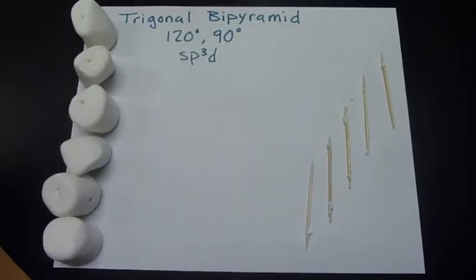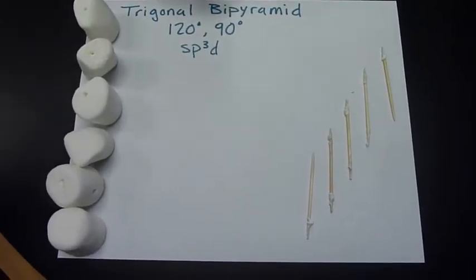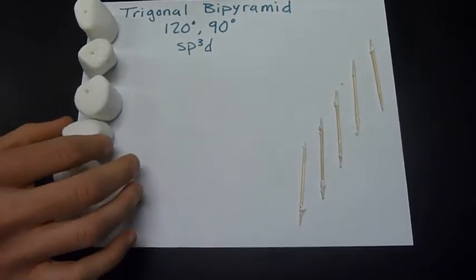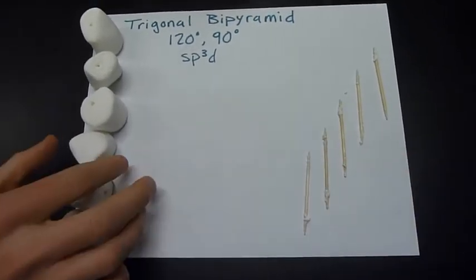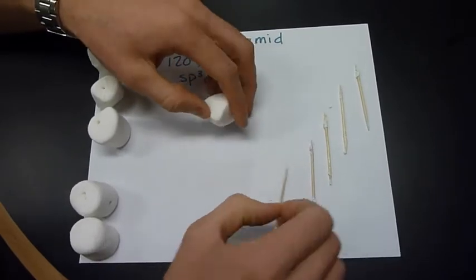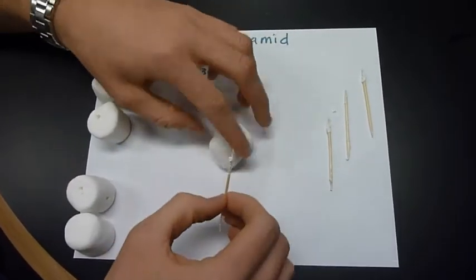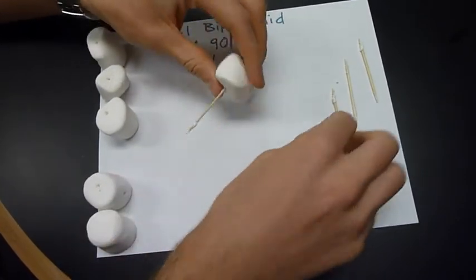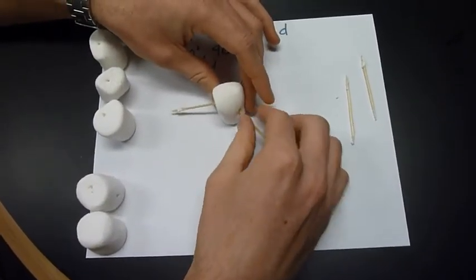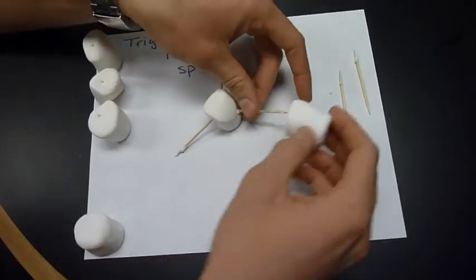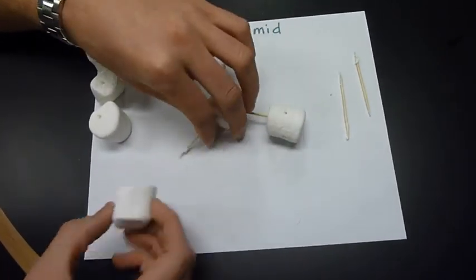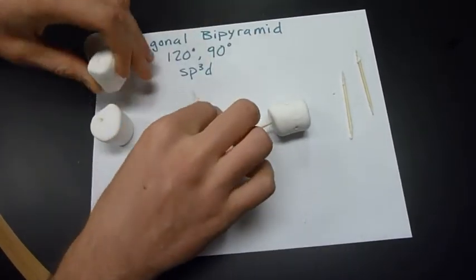The next geometric shape is trigonal bipyramidal, which involves 6 atoms, one of which is your central atom, and 5 different bonds. So arranged around your central atom, you have 3 bonds which form the trigonal planar shape. You have 120 degrees between them, and they attach onto these.